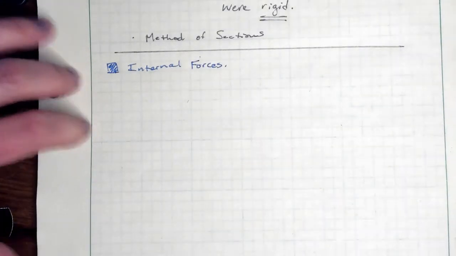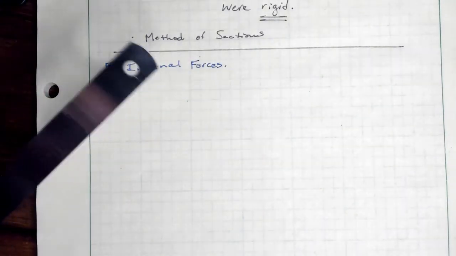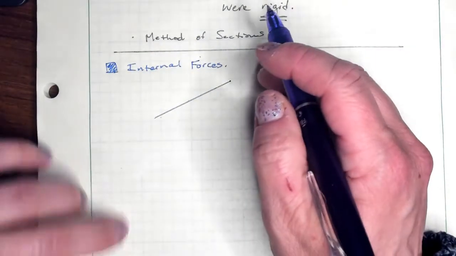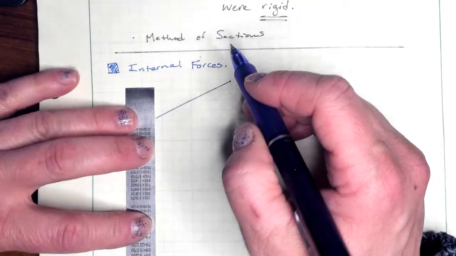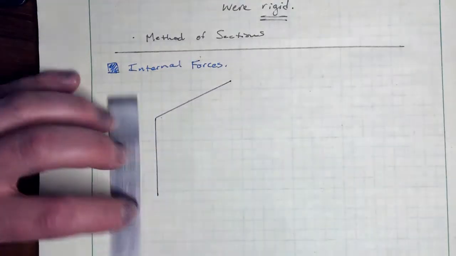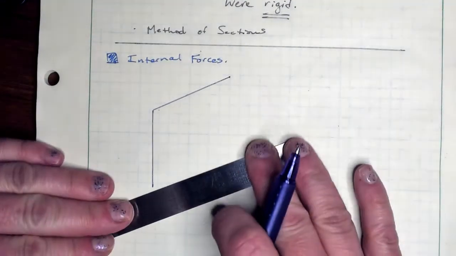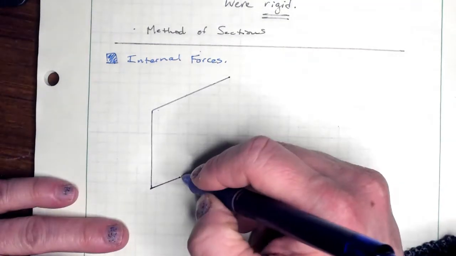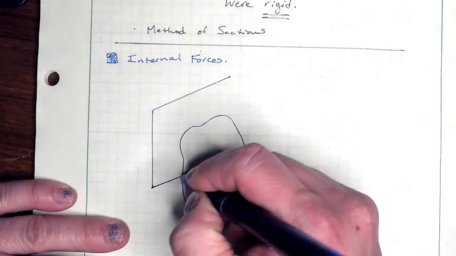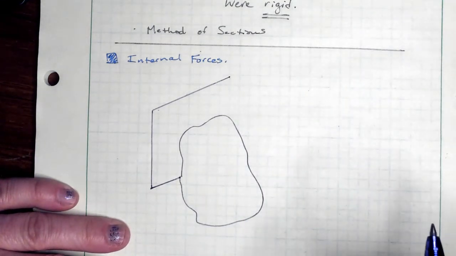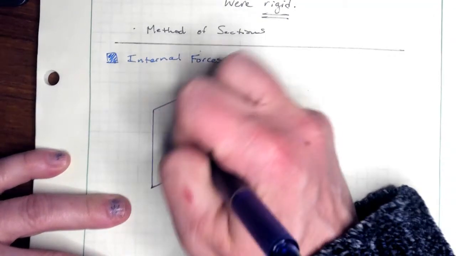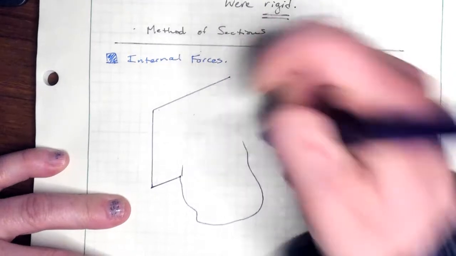Okay, we're going to make a plane. I'm going to draw a plane and a body. I'm going to put the plane in first because I think it'll look a little bit better if I do. Nope, that's not going to work. That is not how I wanted to do it.